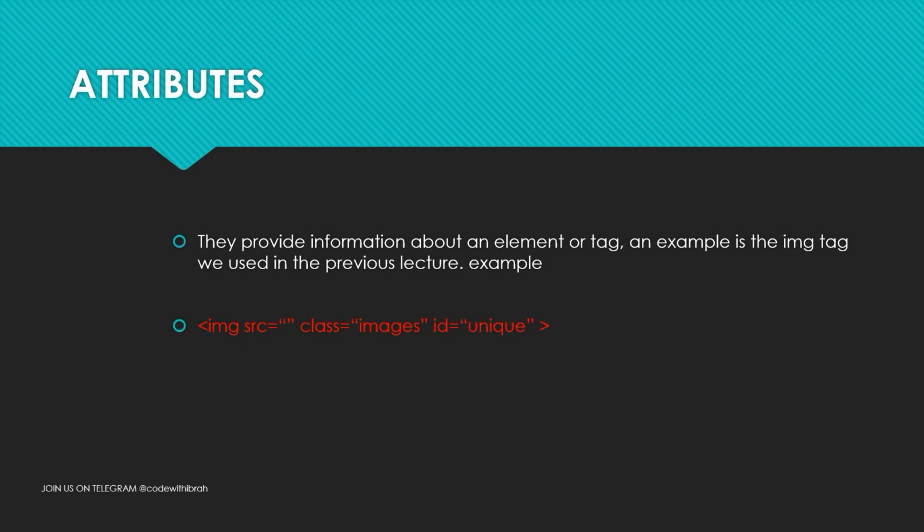With attributes, there's a format that you need to follow. If we look at it carefully, you will see that the name of the attribute is class. It is followed by equal to, right? And thereafter the equal to, we put it in double quotes.